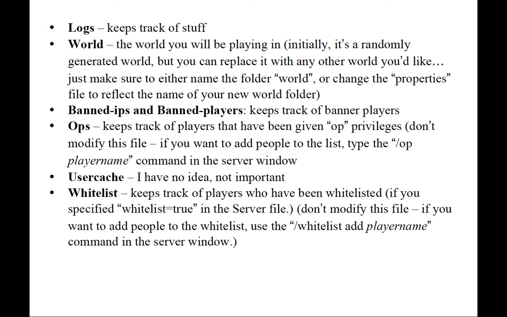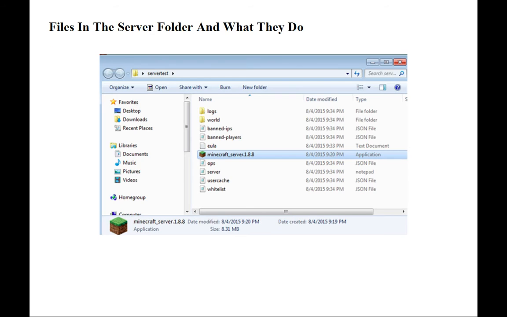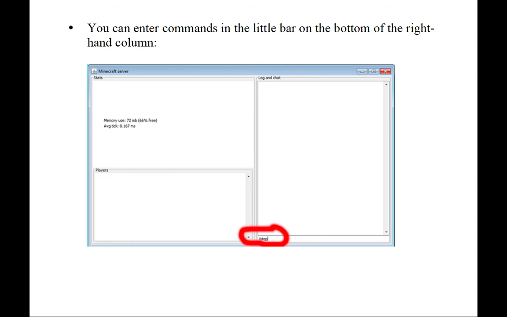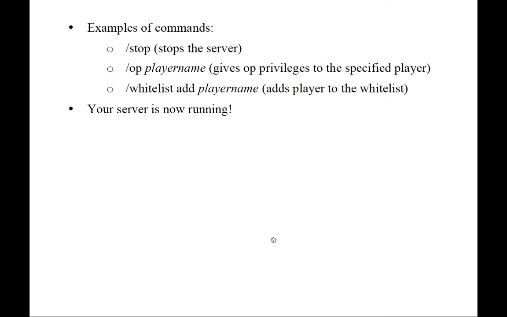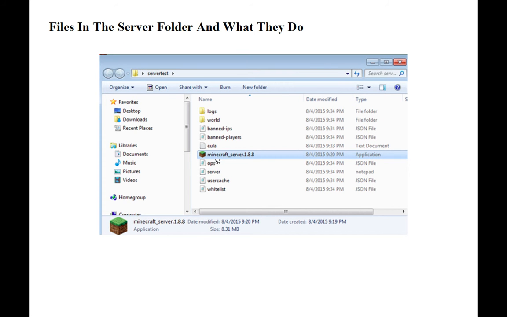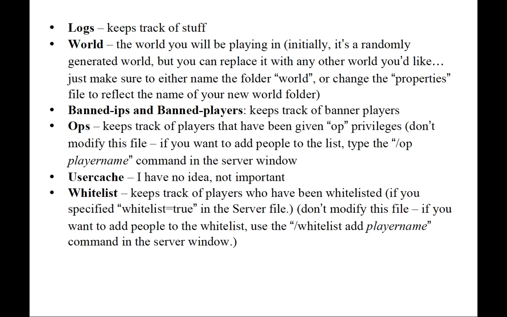So one of the first things I usually do when I get people playing on my server is, you go into this little window and you type the command /op and the player name and enter. What that will do is write that player name into this ops file, and those players will be able to TP and collect inventory and things like that.